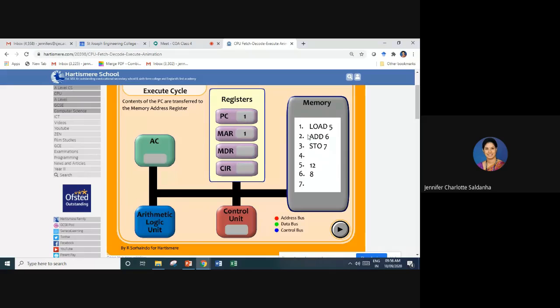From there, the second instruction is fetched, and then it is decoded, and after decoding, the required operation is performed. Then fetch the third instruction. So you have 3 instructions here in the program. Load the contents of memory location 5, add the contents of memory location 6, and store the result in memory location 7.